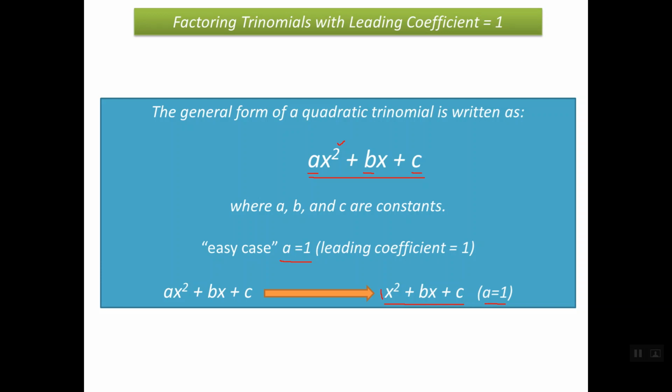In the next presentation, I'll talk about the other case where a does not equal 1.